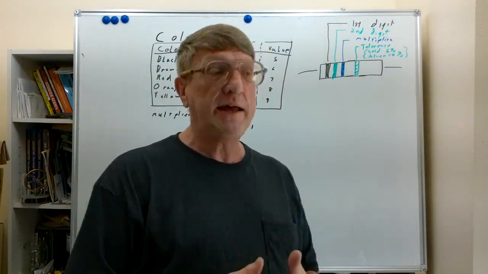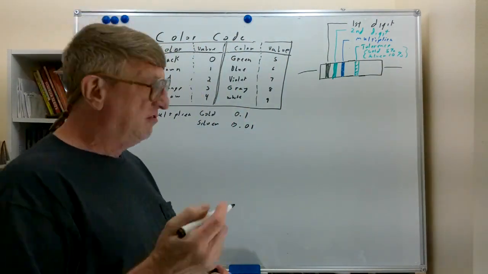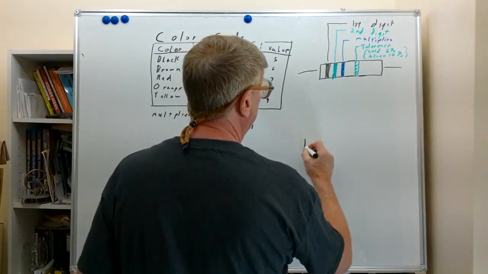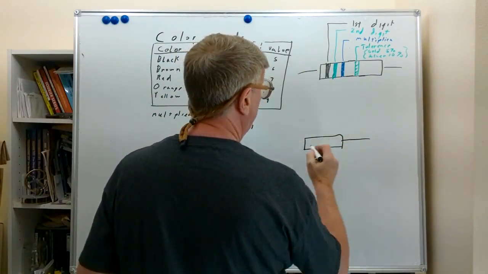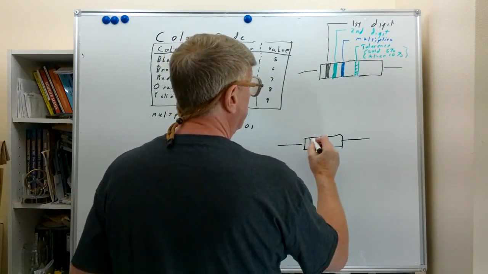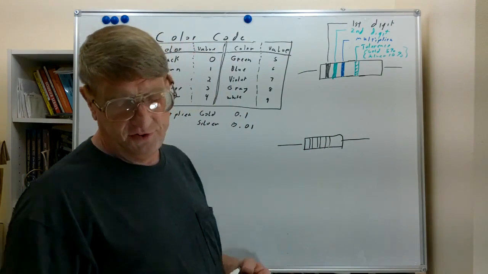Now, the most common type of resistor that we see is a carbon composite resistor. And this is a little bit oversized, and there'll be stripes on it that represent the value of the resistor.